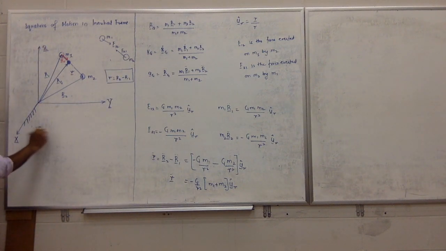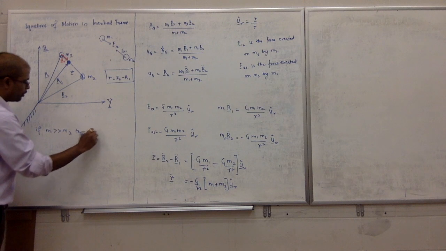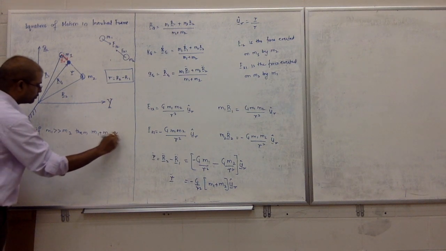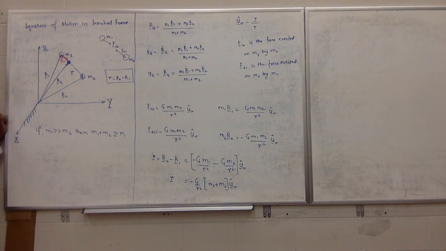If M1 is much greater than M2, then M1 plus M2 is equal to M1.